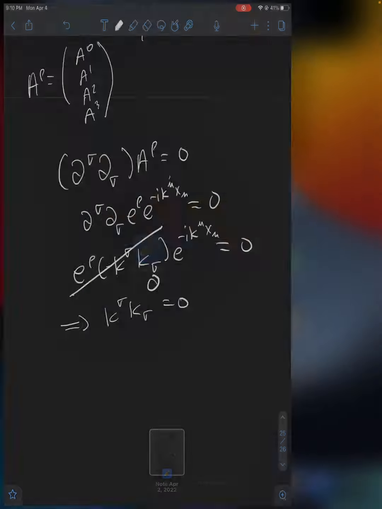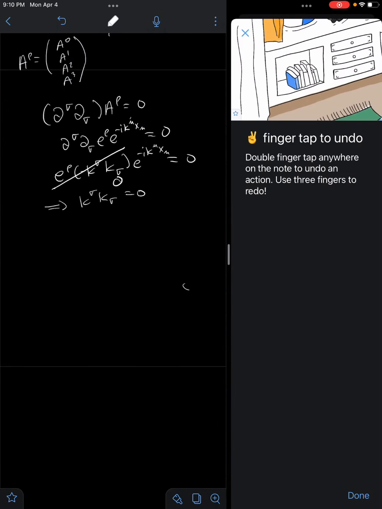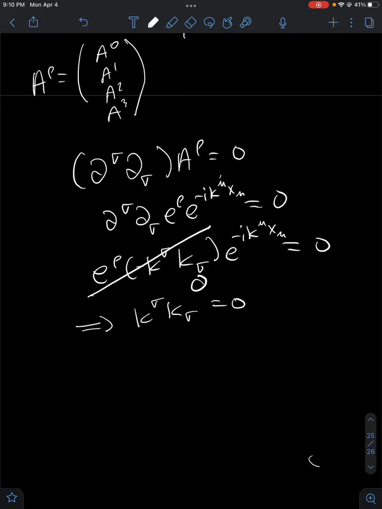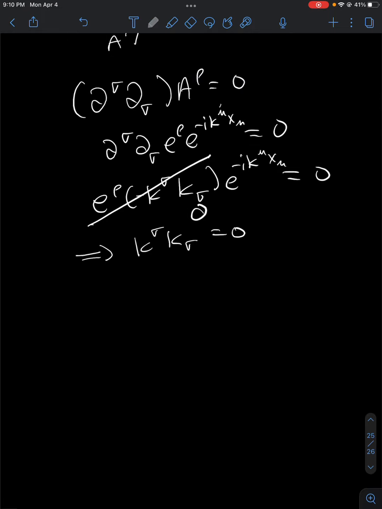Okay, so what did I just do? This iPad is new and it's pretty weird. Anyways, that's our solution to the Maxwell equations. It's this over here.